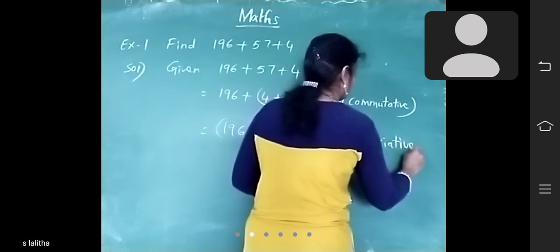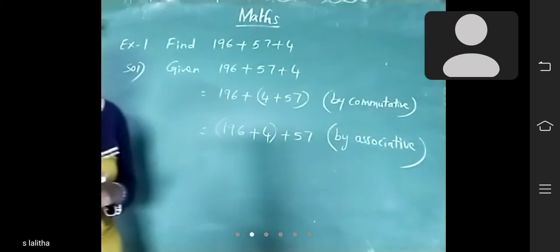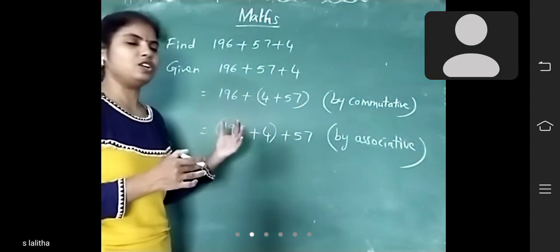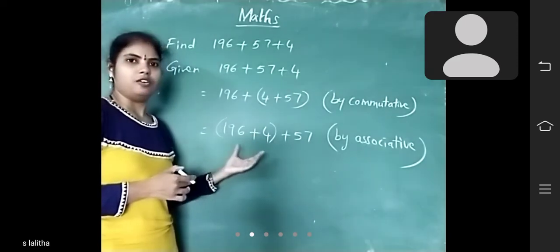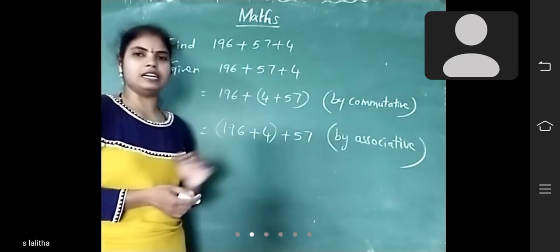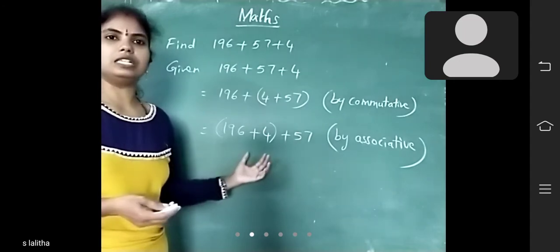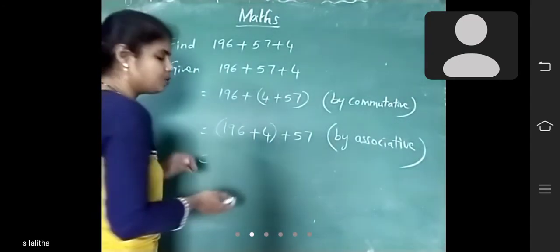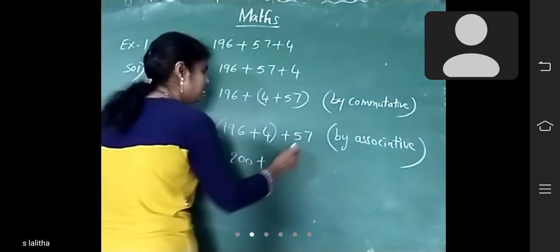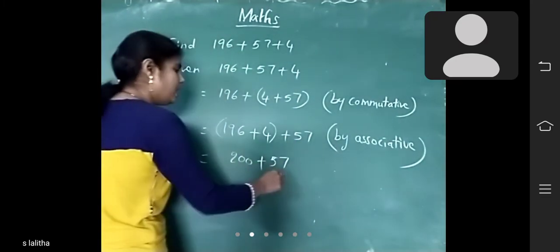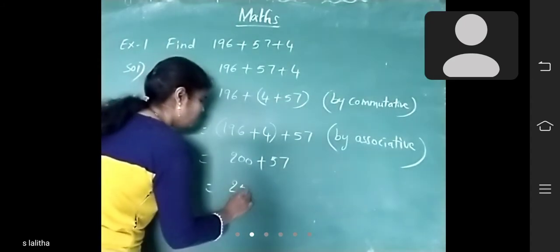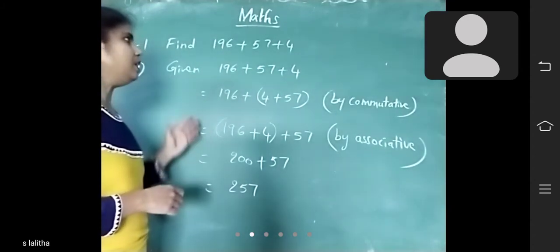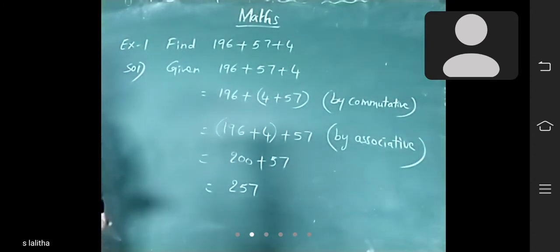Associative property means you take any two integers and add first, the first and second, do the addition, and then add the third one. Like that, that is called associative property. Now, 196 plus 4, how much? 200 plus 57. 200 plus 57, how much? 257. Okay, ma? Like that you have to add by using properties. Come on, do.